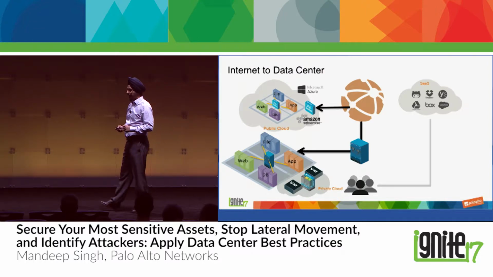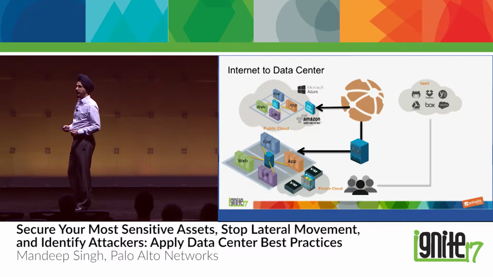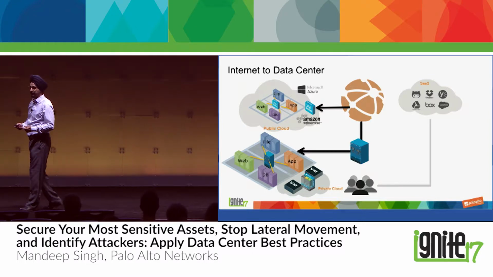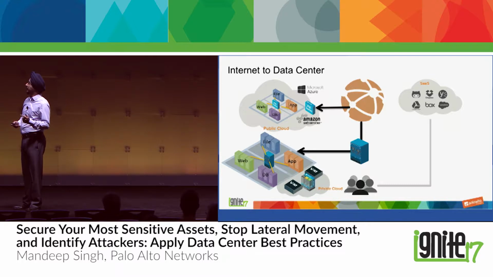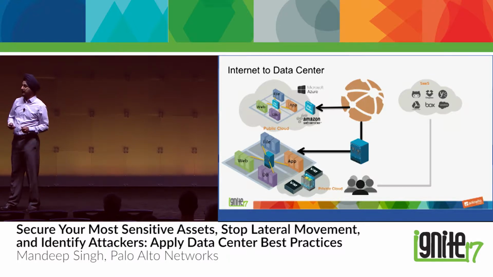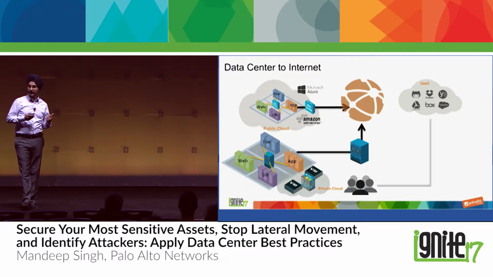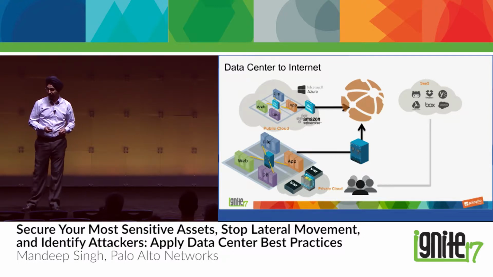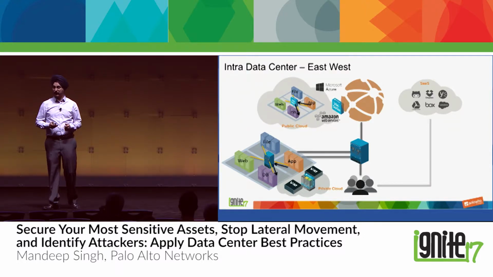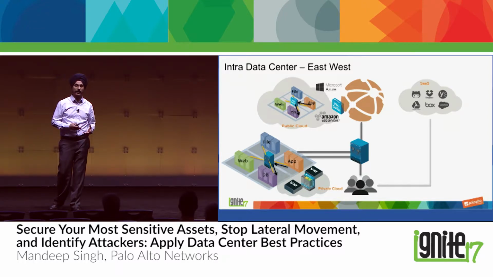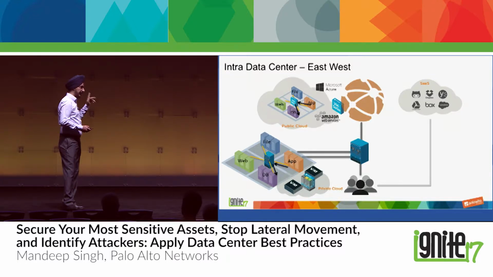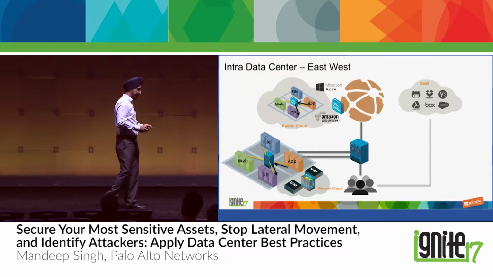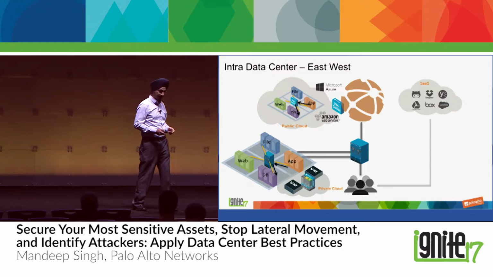Then the next flow is the internet actually coming into the data center. The flow after that is the data center resources going to the internet. And the last flow is the intra-data center traffic. So there is east-west movement of traffic within the data center. Now hold on to these 4 flows, and we'll come back to them after a few slides, and we'll go through each one of these flows in detail to understand best practices.